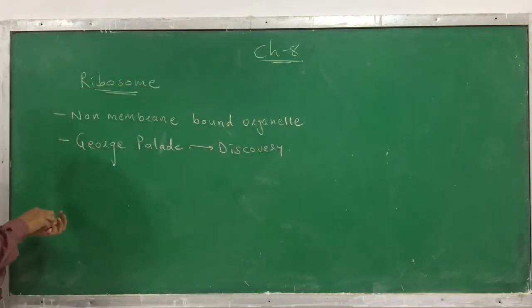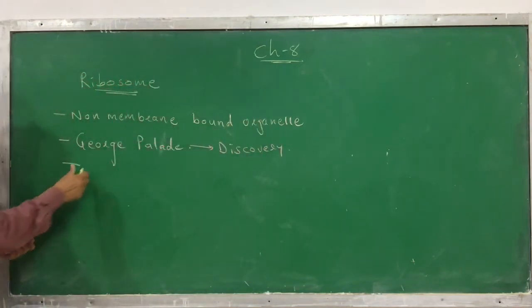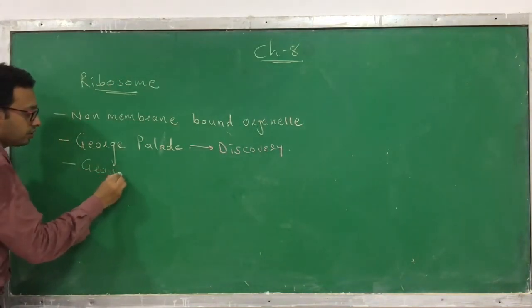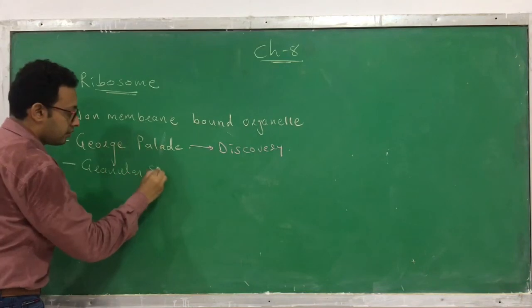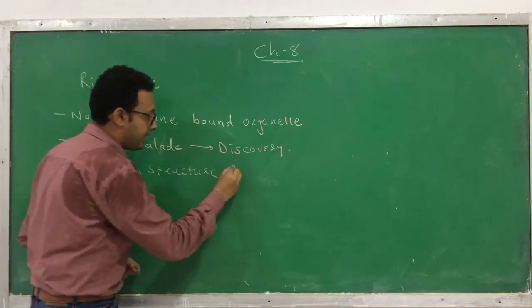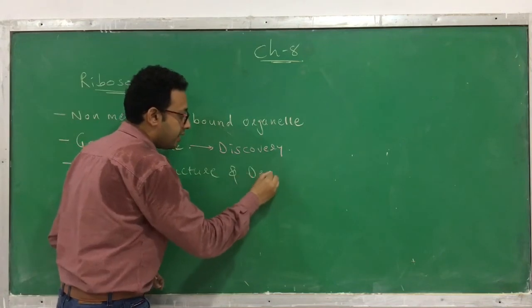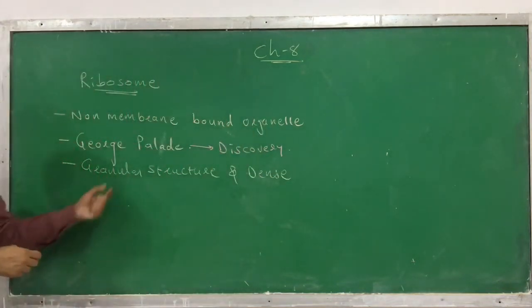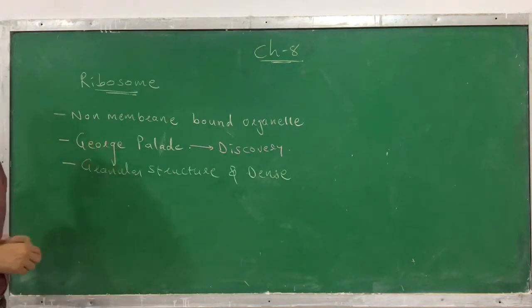Next, how did he observe it? He observed that these ribosomes are granular structures, densely arranged. So it is a dense granular structure.